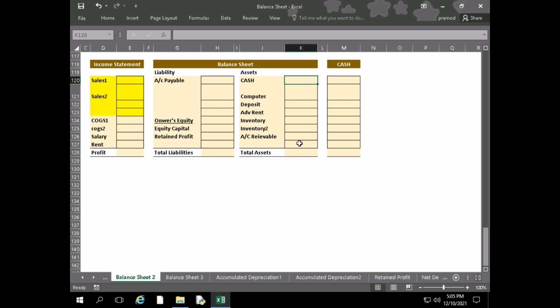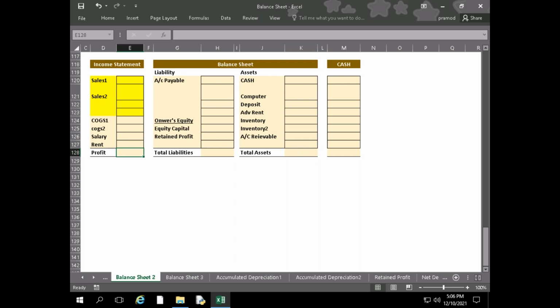Yes, sir. Like in the income statement, we are giving salary and rent, no, sir. Correct. In cash flow, usually we take 1 lakh, that is equity capital, minus computer, minus deposit, minus advance rent. Usually we take these three amounts. Now salary and rent we have added, so we have to deduct even salary and rent.